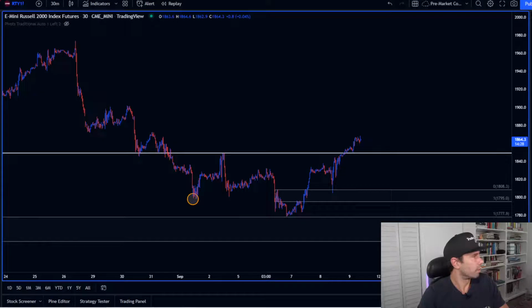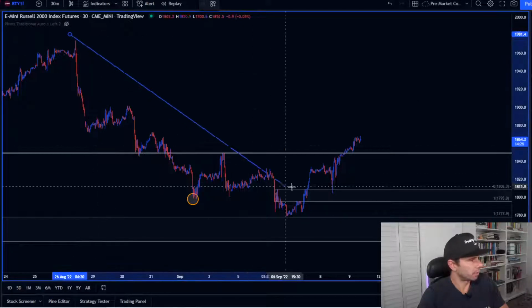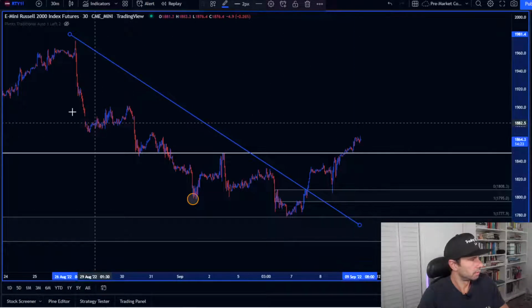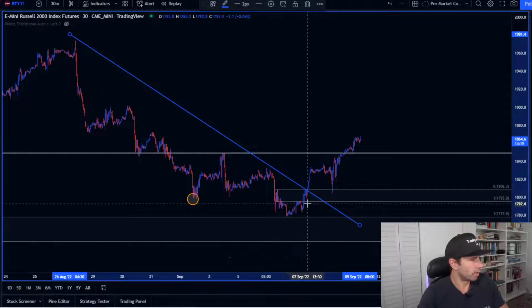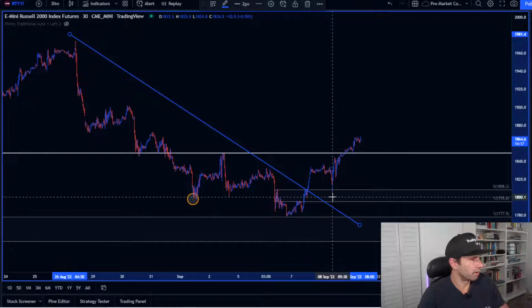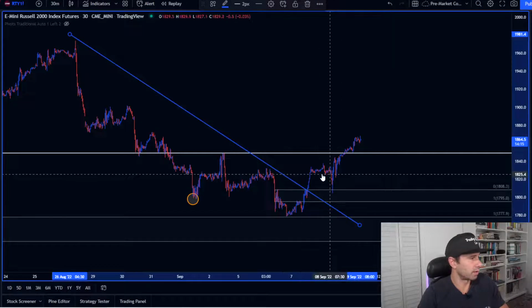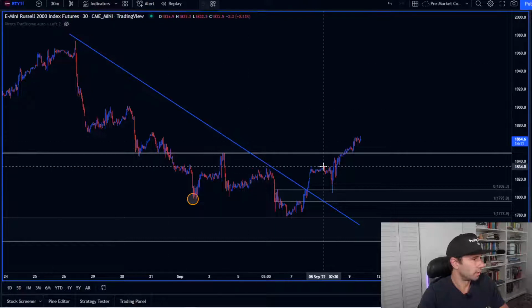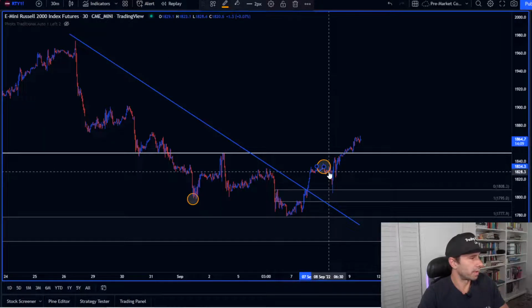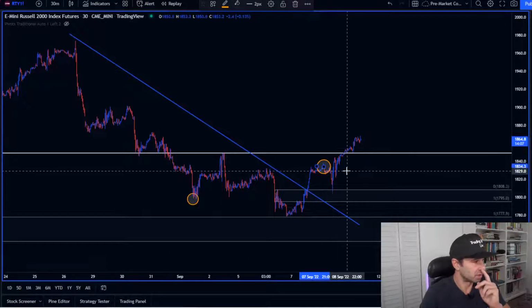We actually were coming down sharply right here, right? And we broke to the downside, then we're breaking to the upside and retesting. This is a textbook setup, right? So I do expect that if the market just comes down to this pivot, it might put some pressure to the upside.